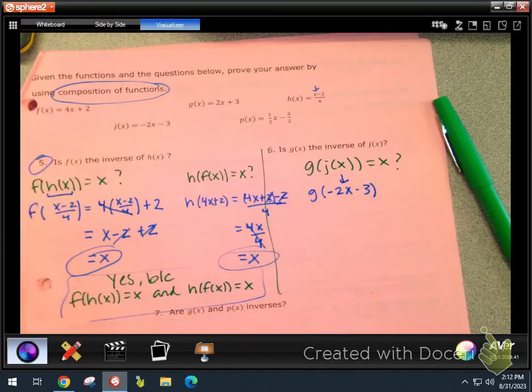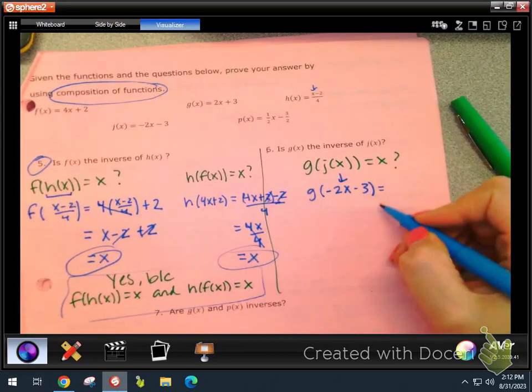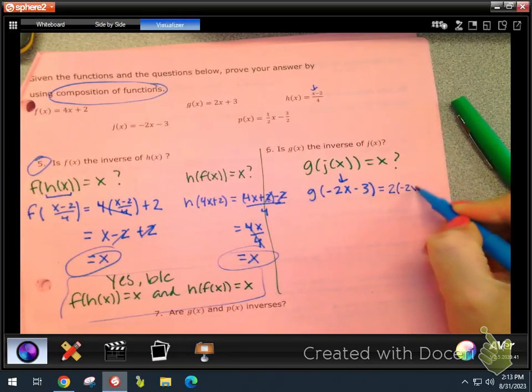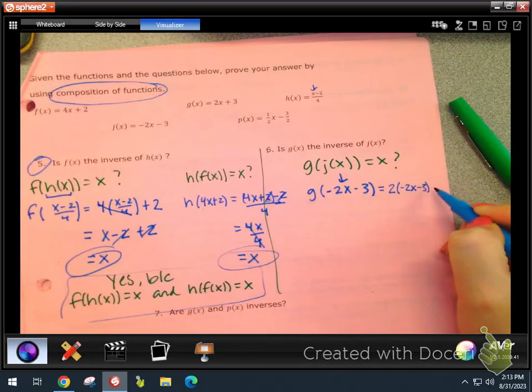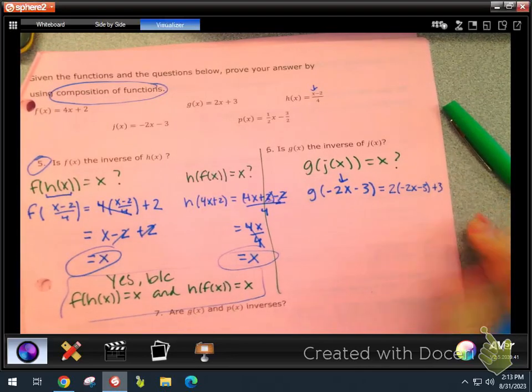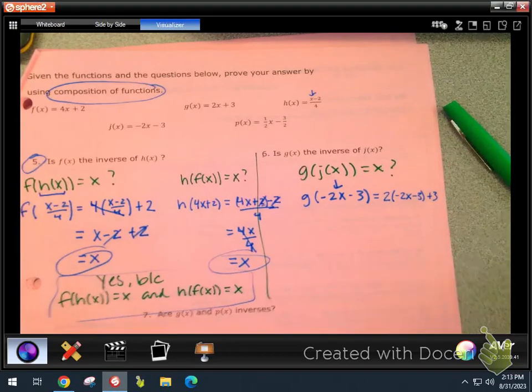Okay? All right, so let's write this out. Oh, I don't have enough room. 2 times negative 2x minus 3, plus 3. Be careful on these when you have a bunch of functions floating around that you're using the right one. Okay?